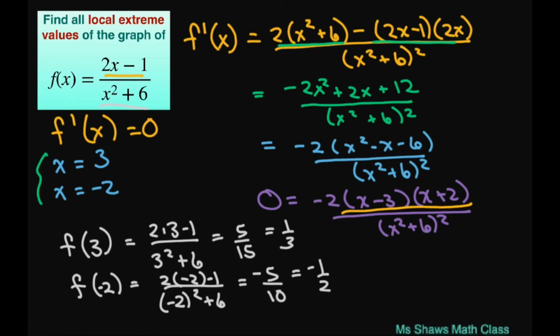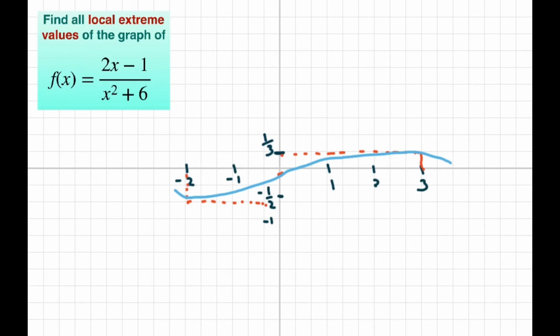All right. Now from here, you basically want to look at a sign diagram to see what's going on between 3 and negative 2. So let's do that, and I'm going to look at my derivative. I basically graphed this for you.